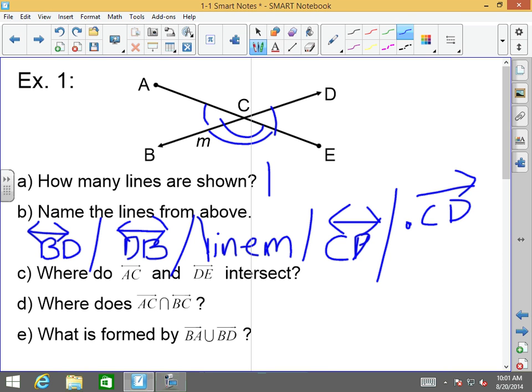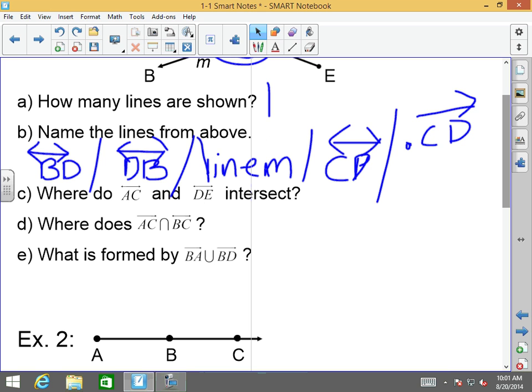So you either name it by the letter of the vertex, or all 3 points. Saying angle C here would be no good because there's 4 different angle C's. You have to articulate which one it is in this particular case. Does that make sense? Okay.